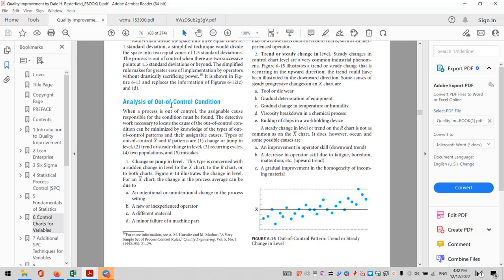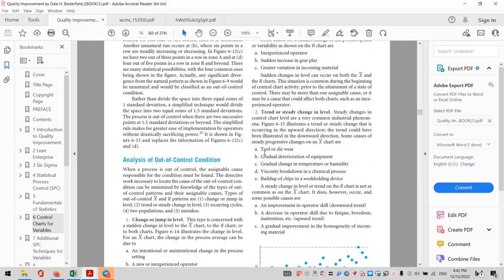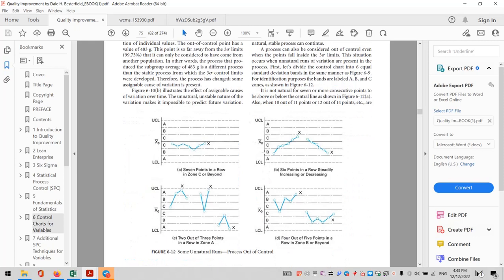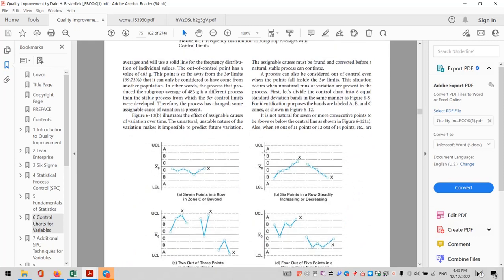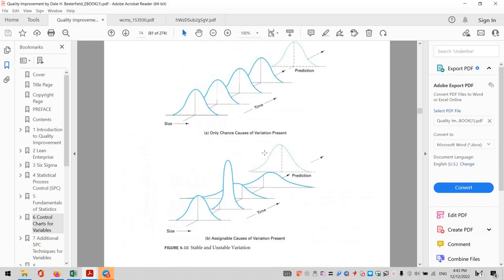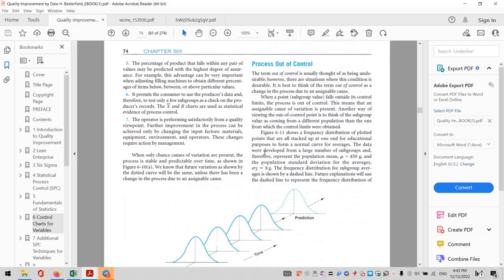Okay, analysis of out of control condition. How do you know the process is out of control?